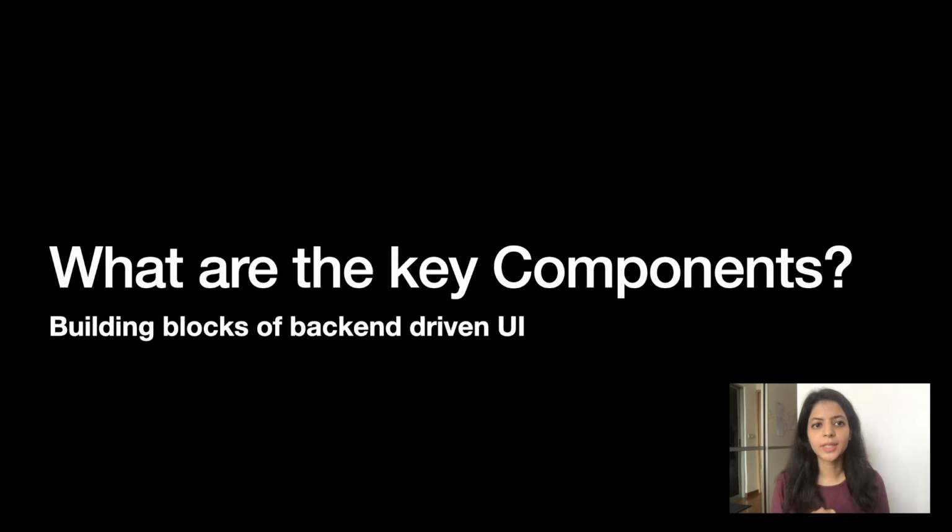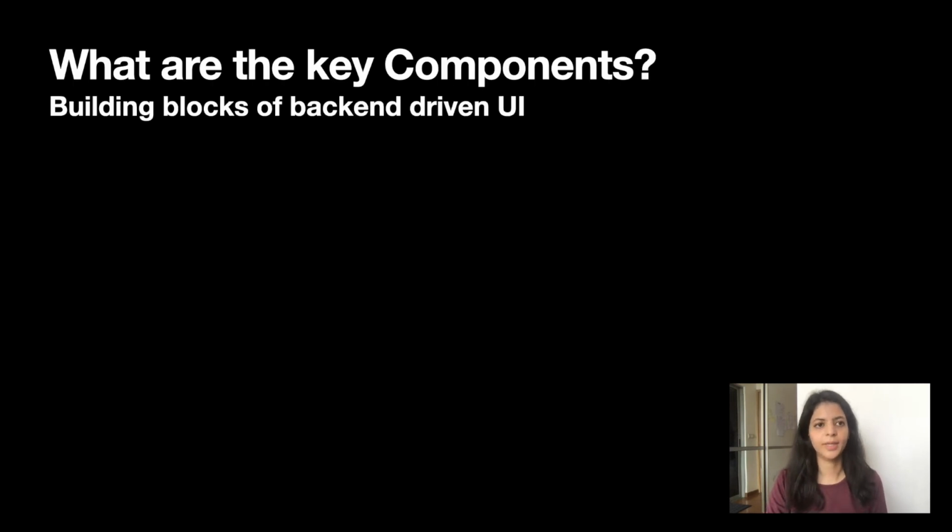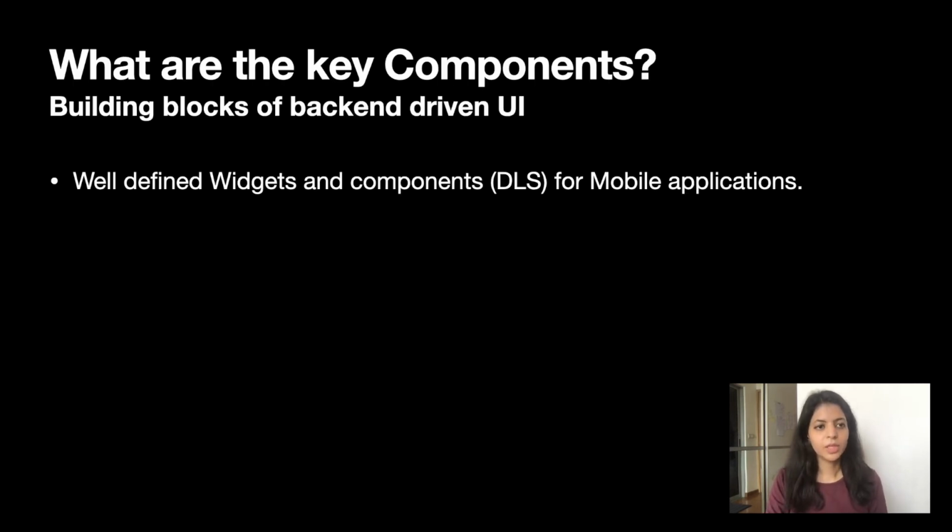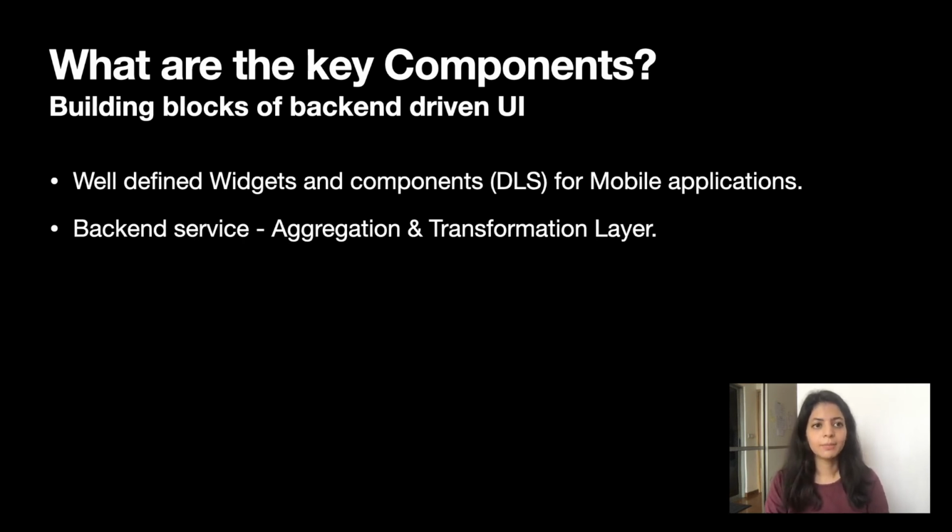Let us discuss what are the key components of backend driven UI. First of all, we'll need well-defined widgets and components, a DLS for your mobile system, both for Android and iOS. Next, we need a backend service, an aggregation and transformation layer. This middle layer helps to aggregate the data from upstream services and transform the data in the form of widgets and components to be sent to the mobile.